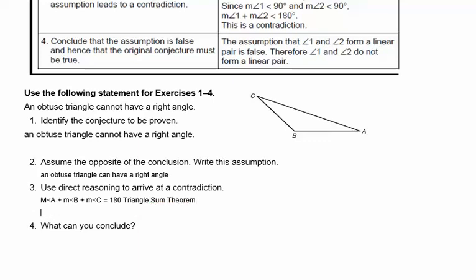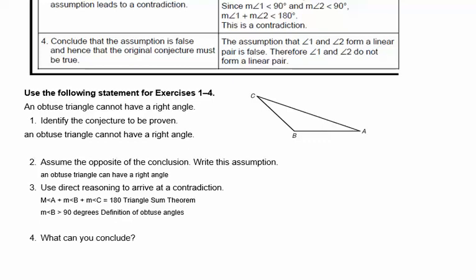We know that angle B is the obtuse angle up there, so the measure of angle B has to be greater than 90 degrees. I'm going to write that: measure of angle B is greater than 90 degrees, because of the definition of obtuse.